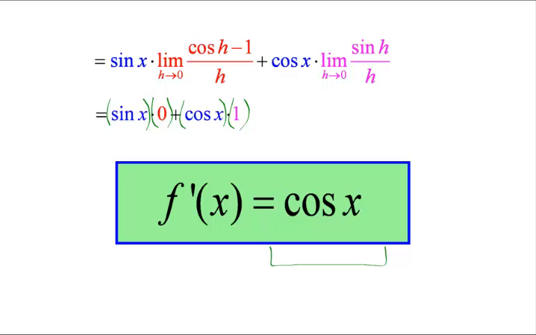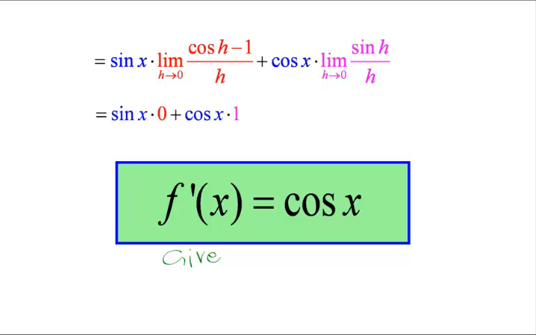How brilliant is that? Of all the things that the rate of change of the sine function could turn out to be, the fact that it is the outputs of the cosine function, that's amazing. So here's what you need to know. This is what you are responsible for.